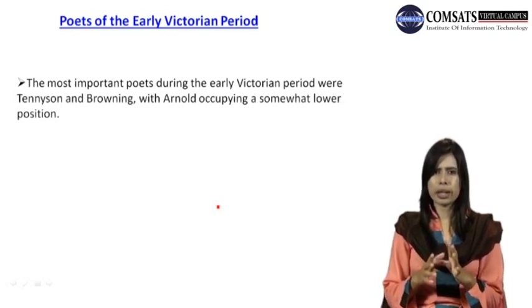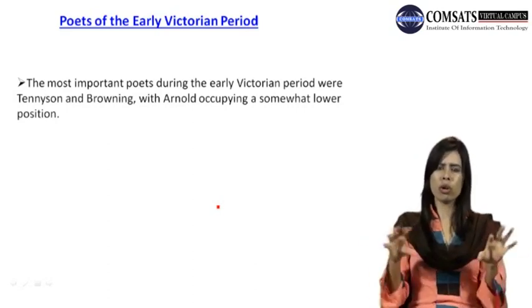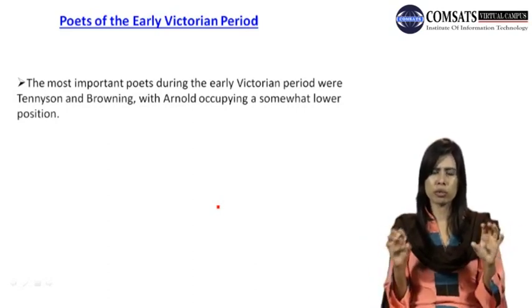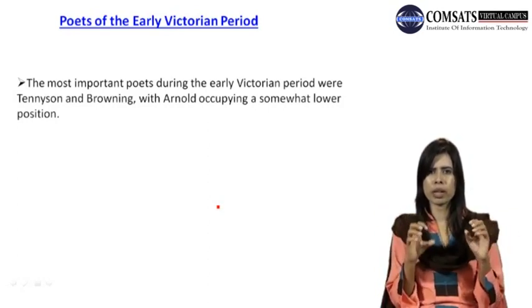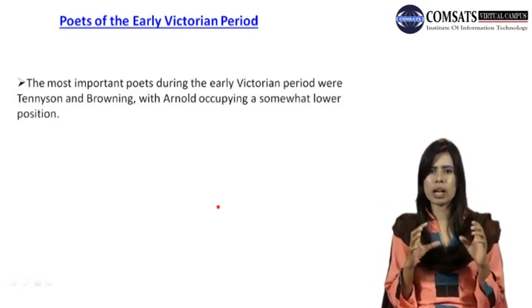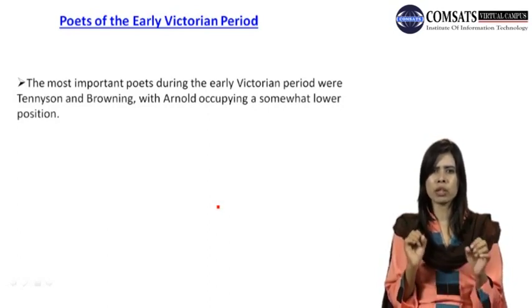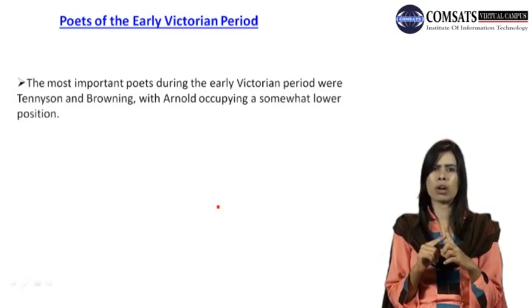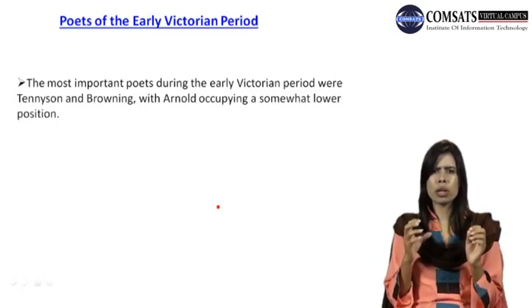Again, let me clarify the concept. Here we won't just focus on Tennyson or Browning or Arnold only. We will go with many other poets and writers of that particular era as well. But the dominating figures of that period were Tennyson, Browning and Arnold, with Arnold in a somewhat lower position.